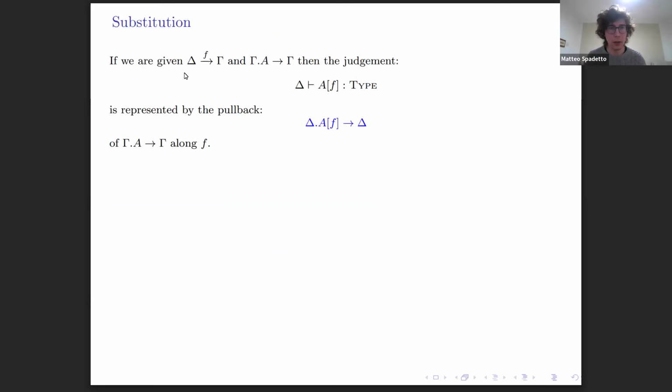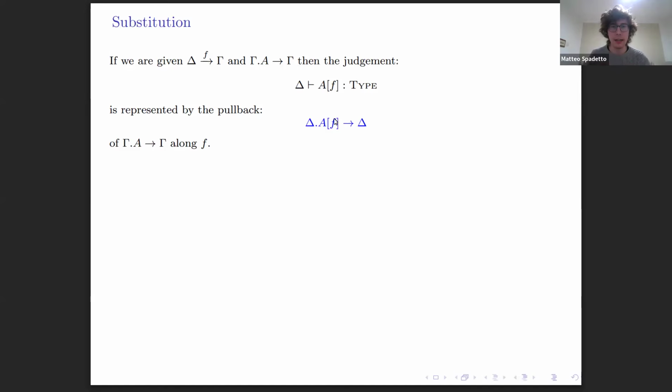I will also briefly recall that if you are given such a structure with pullbacks, a type A in context gamma and a substitution F from delta to gamma, then the interpretation of the reindexed type A in context delta, reindexed by F, will be represented by some pullback of this display map, we can call it a display map, via F. So normally you would need to have a choice of these pullback squares.